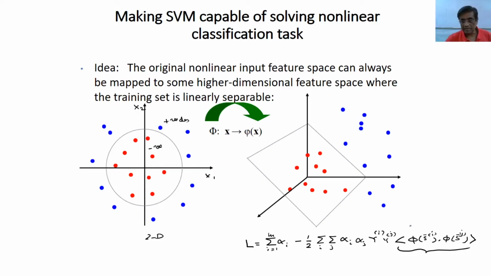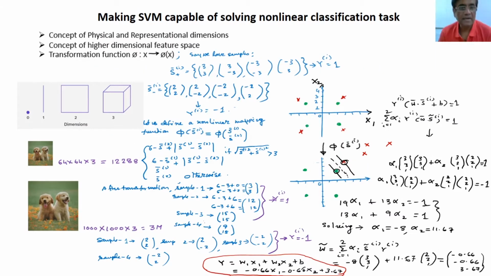Earlier it was S i dot S j, the dot product between the samples and the support vectors, and it turns out this could be replaced by the mapping function. Everything remains the same. Let us further clarify this very simple but elegant concept by doing a problem by hand.